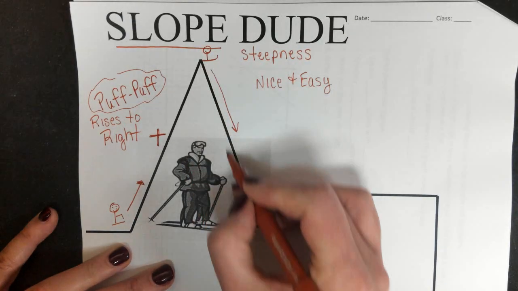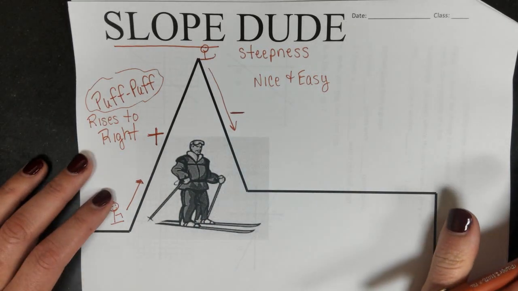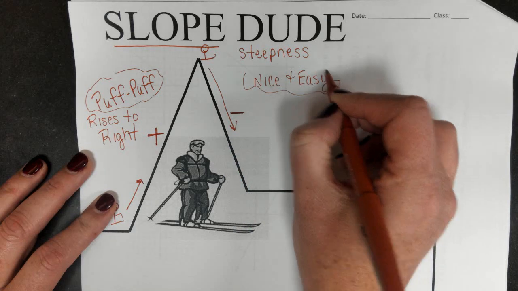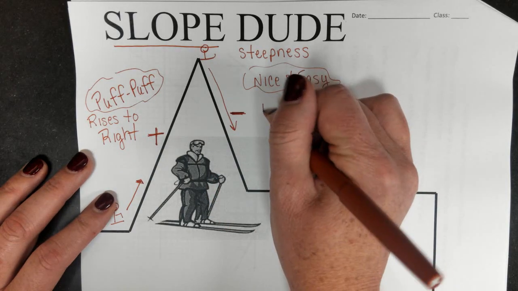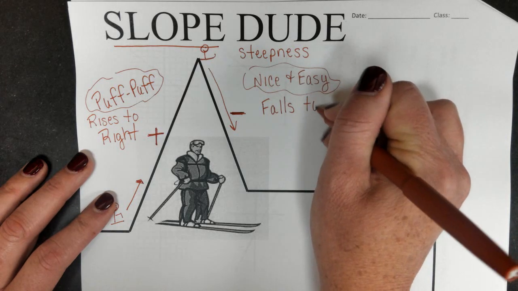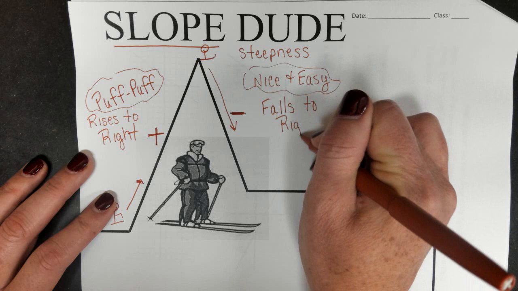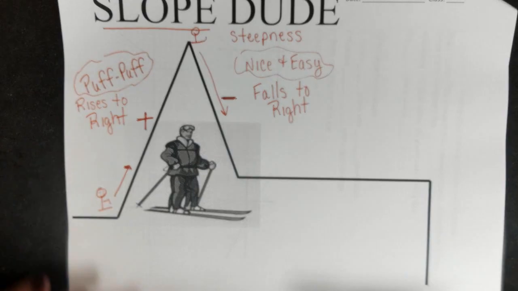So this type of line or graph is considered to have a negative slope. Another way to remember it is when you're being negative, you fall to the right. You're not doing the right thing if you're being negative. We know it's important to always be positive.